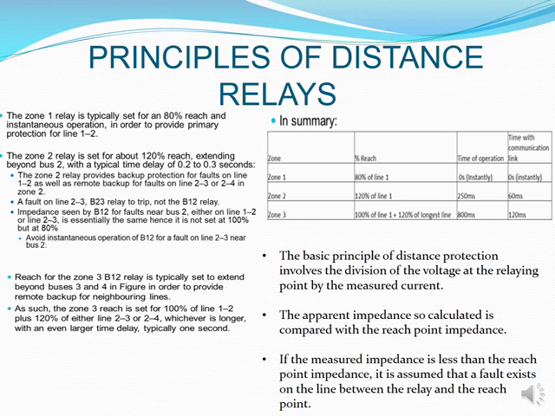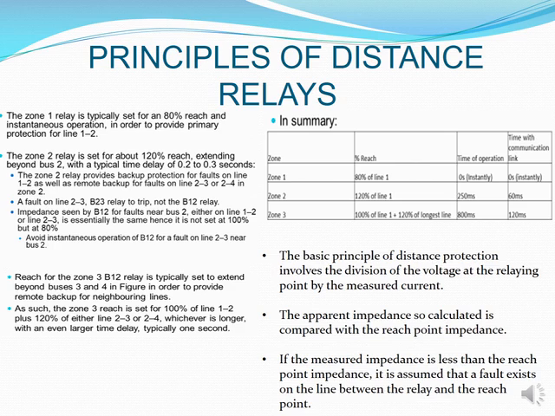If your measured impedance becomes less than your reach point impedance, it means that your fault exists within your line between the relay and your reach point. So it could be up until zone 3, which means it is covered under your protection scheme.